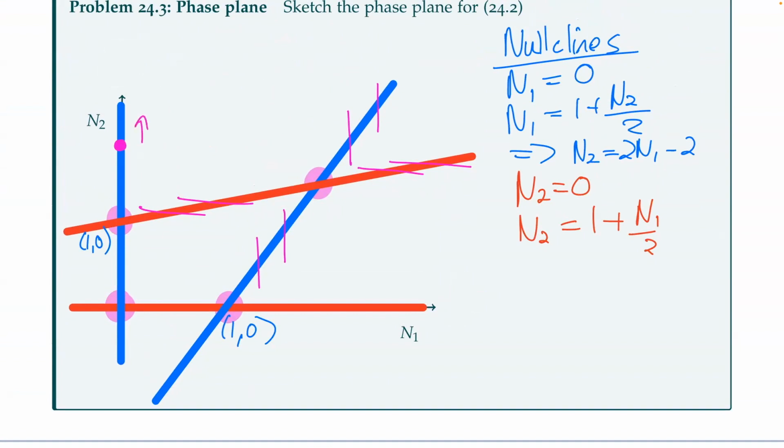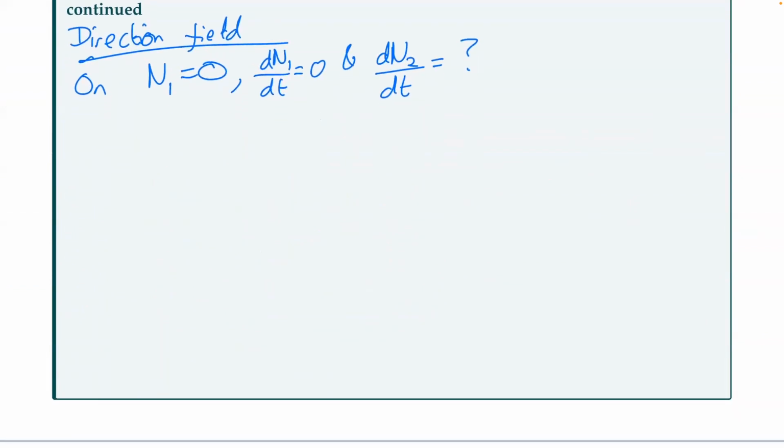And I want to know, am I moving up or down? Likewise, what happens if I go through an equilibrium down here? Am I moving up or down? Okay, so I'm stood on this line n1 is equal to 0. I know I can't be moving left or right. I want to know, am I moving up or down?